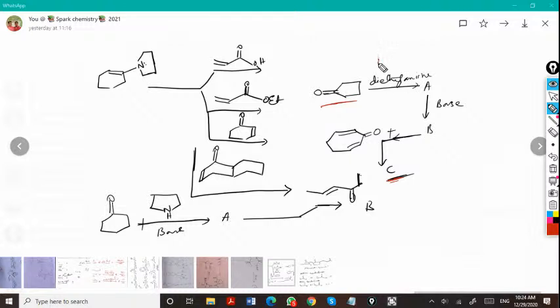So if it is diethylamine, a secondary amine, it is going to attack to result in the enamine system.